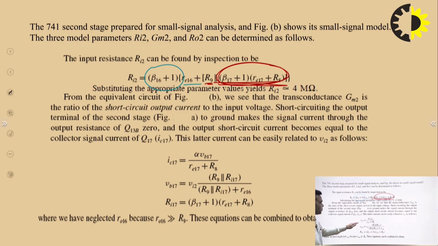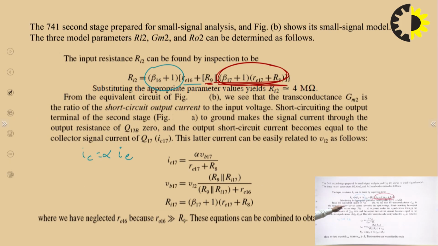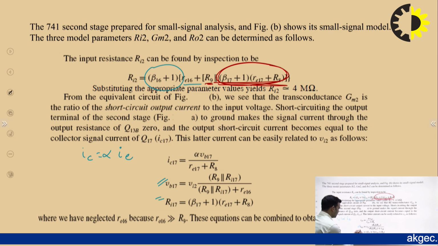Now collector current IC is equal to alpha IE. So you can write IC17, that means this current will be equal to alpha V17 upon Re17 plus R8, and similarly we can write VBE17 by voltage divider rule and Ri17.